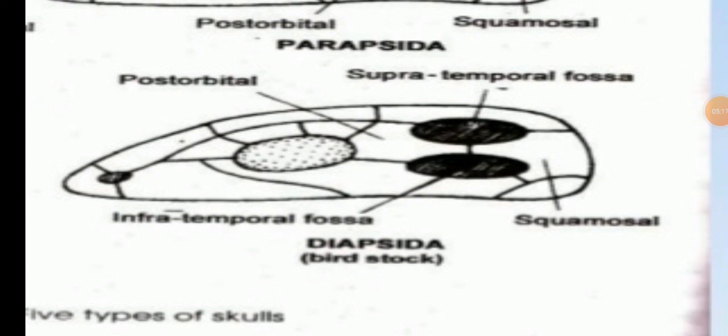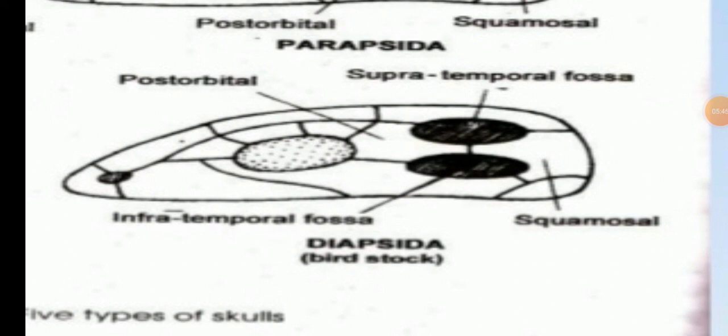This type of diapsid skull is found in animals like crocodiles, Sphenodon, etc. But in certain cases modification has taken place. For example, in lizards we will find that some of the bones have been reduced. As a result, the supratemporal fossae have become larger, and in snakes, bones have been lost completely.